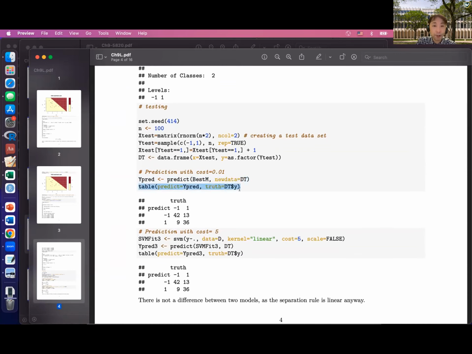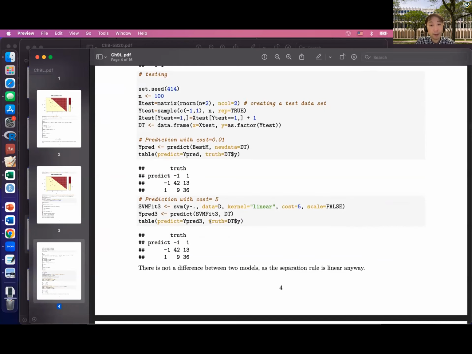Then we make a table of predicted values and true values. The test set is made by the same algorithm as the training set, but with more observations: we generated 100 observations. Then 78 out of 100 observations are classified correctly.